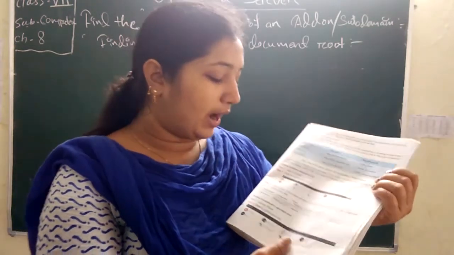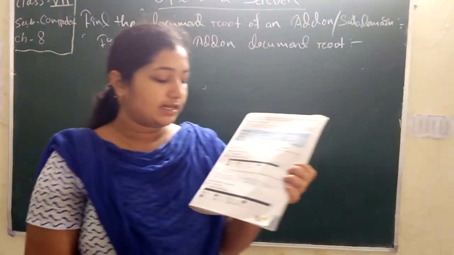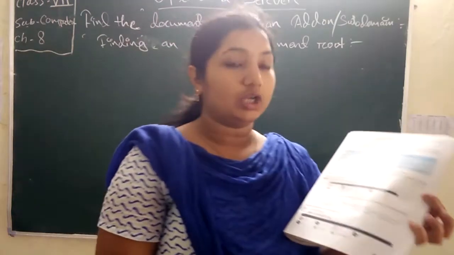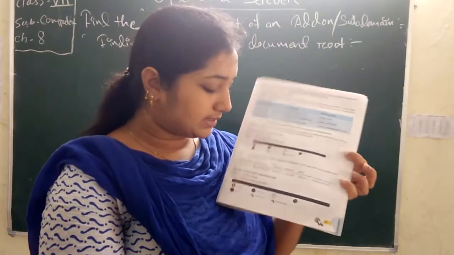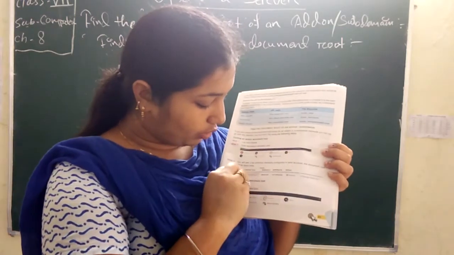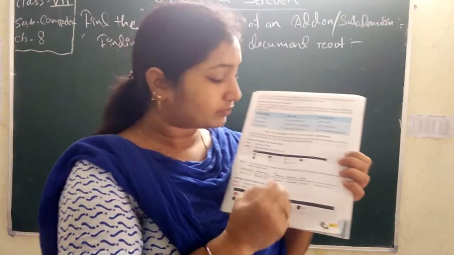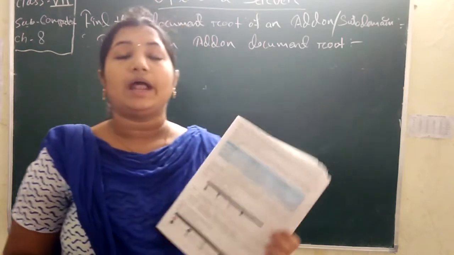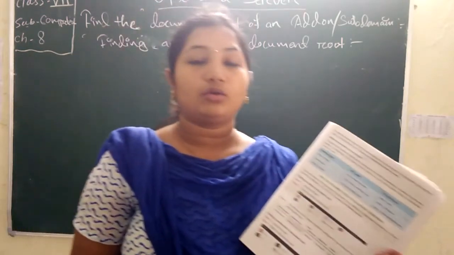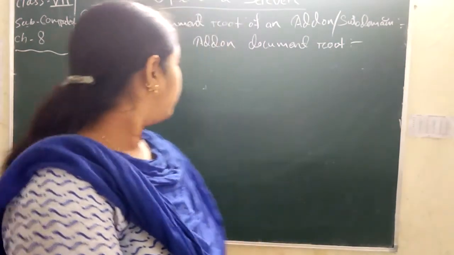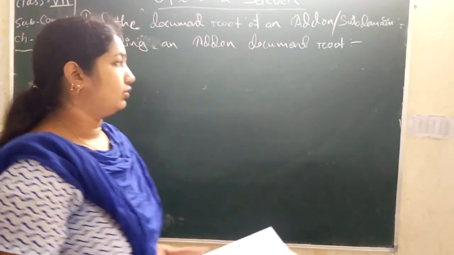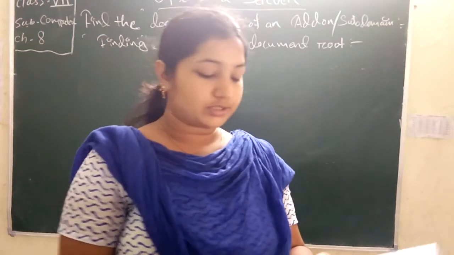When we click on Addon Domains, you will see a list of add-on domains configured in your account. The document root will be listed here. You can see this is the document root. Next is finding the document root for a subdomain. Both are the same procedure.